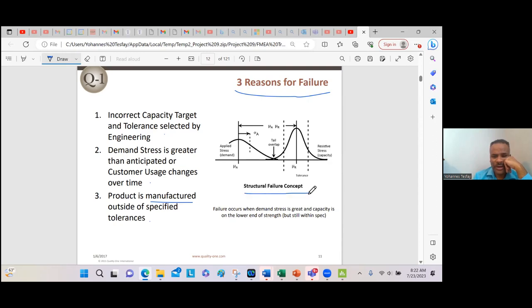Now a structural failure concept. So this mu is symmetric and mu r is some other metric. This is just defined by upper and lower specification with some tolerances. The failure occurs when the demand stress is greater than the capacity on the lower end of the strengths, but within the same spec.